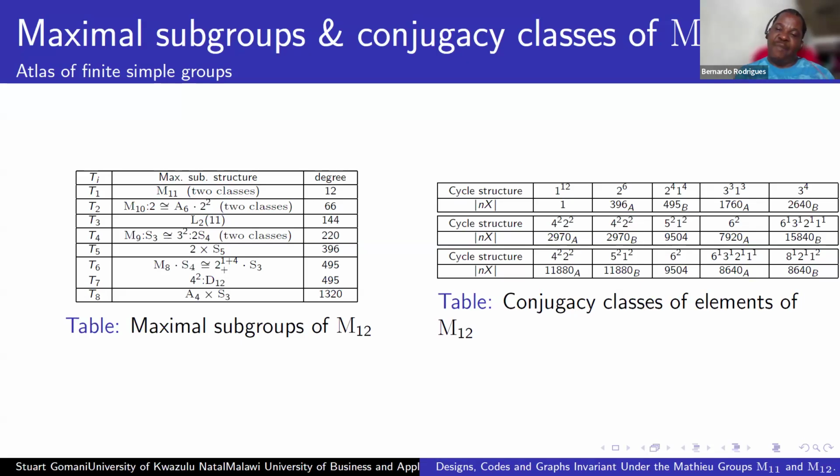In fact, M11 and M12 are examples of highly transitive groups. Besides the symmetric and alternating groups acting highly transitively, the Mathieu groups M11 and M12 are the other cases away from the infinite families. That's the geometric connection.